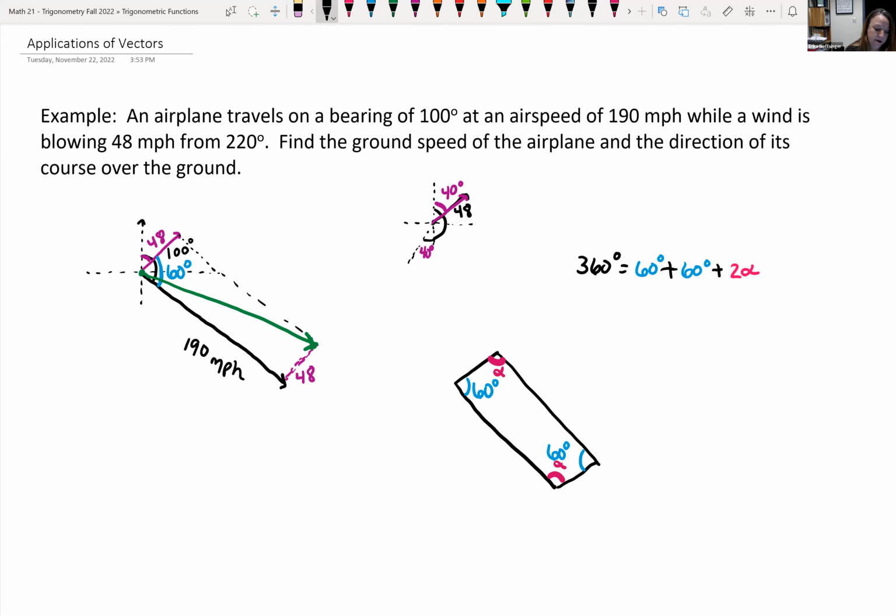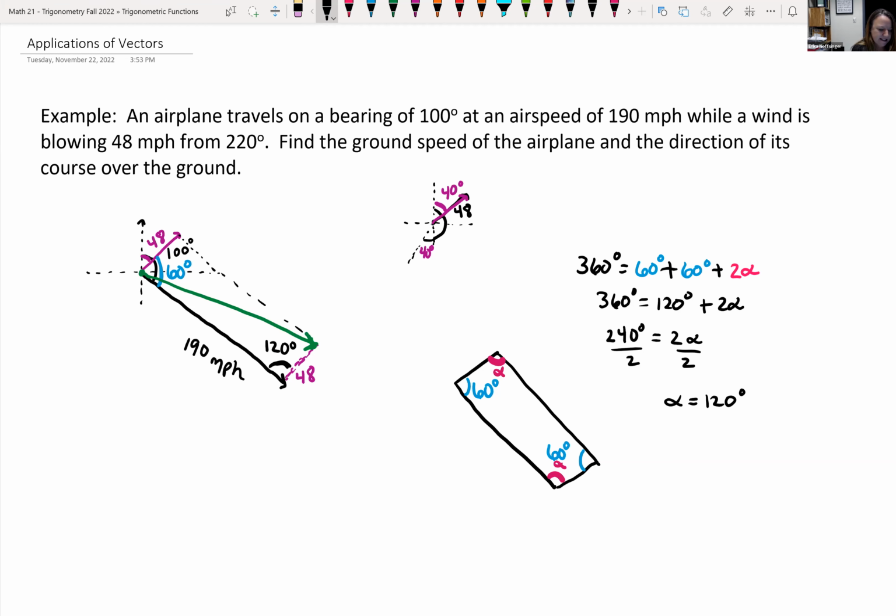I have 360 degrees is equal to 120 degrees plus 2 alpha. Let's subtract 120 degrees on both sides. That gives me 240 degrees is equal to 2 alpha. Dividing both sides by 2, I get that alpha is equal to 120 degrees. So I know this angle in here is 120 degrees.